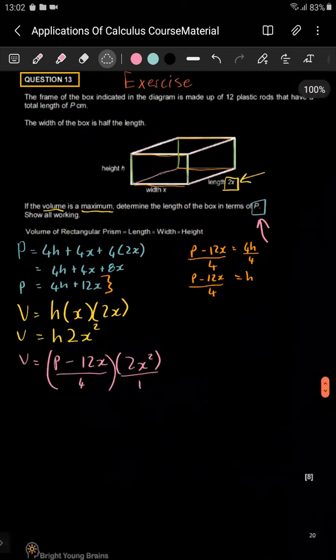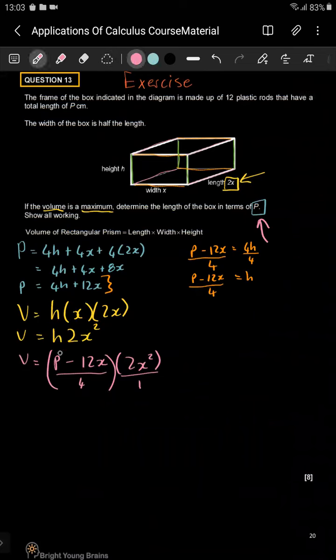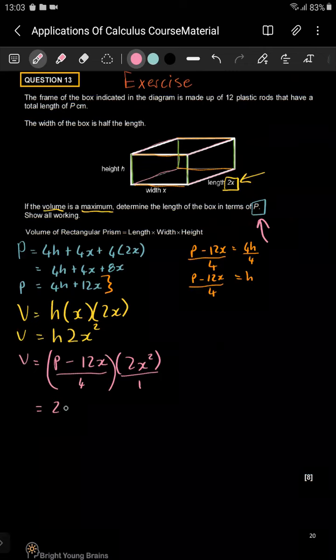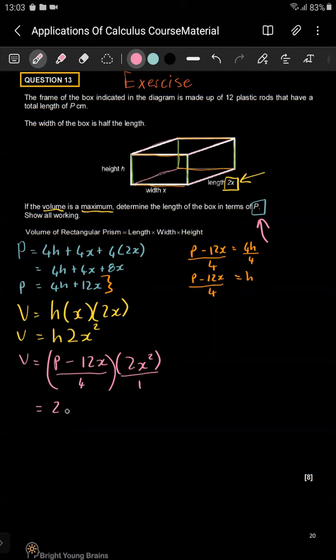So let's simplify our volume equation just a little bit. Simplifying it, it will be this multiplied by our P, so it's going to be 2px squared, and then we can put the whole thing over 4.